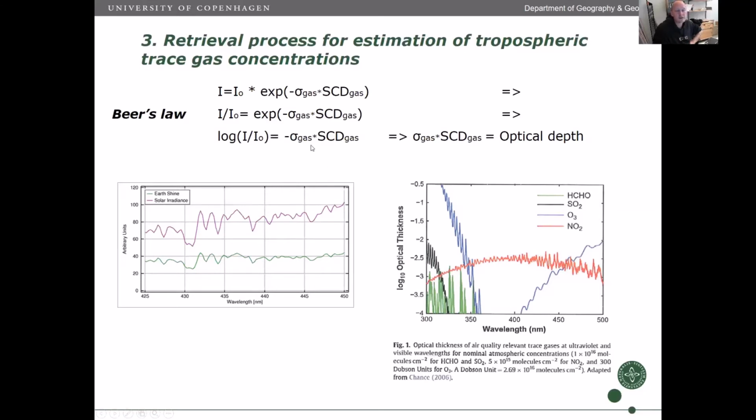And then, by taking the logarithm of an exponential relationship, we convert it to become linear. So by taking the logarithm of our measured reflectance, we get a linear relationship to the concentration of the gas. And this is called the optical depth. But don't worry, the optical depth is just exactly the same thing as the logarithm of the reflectance.